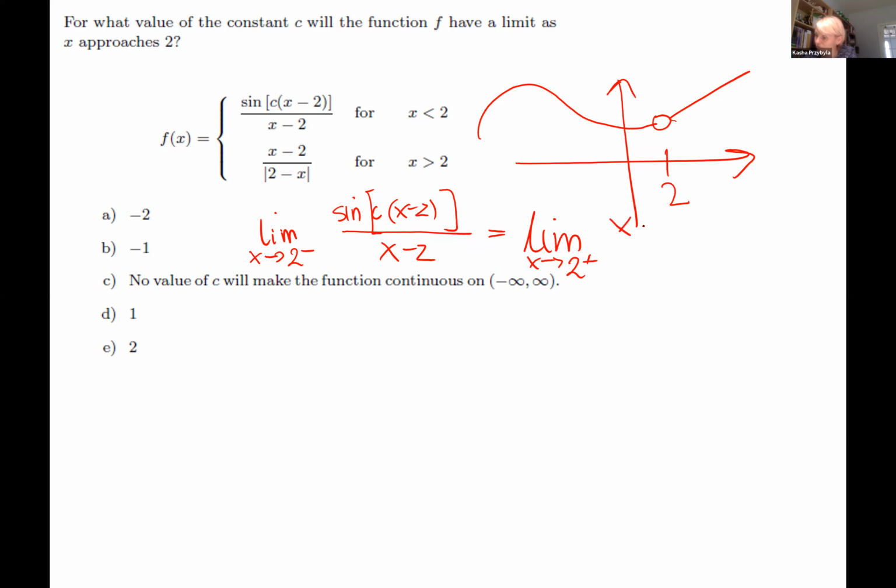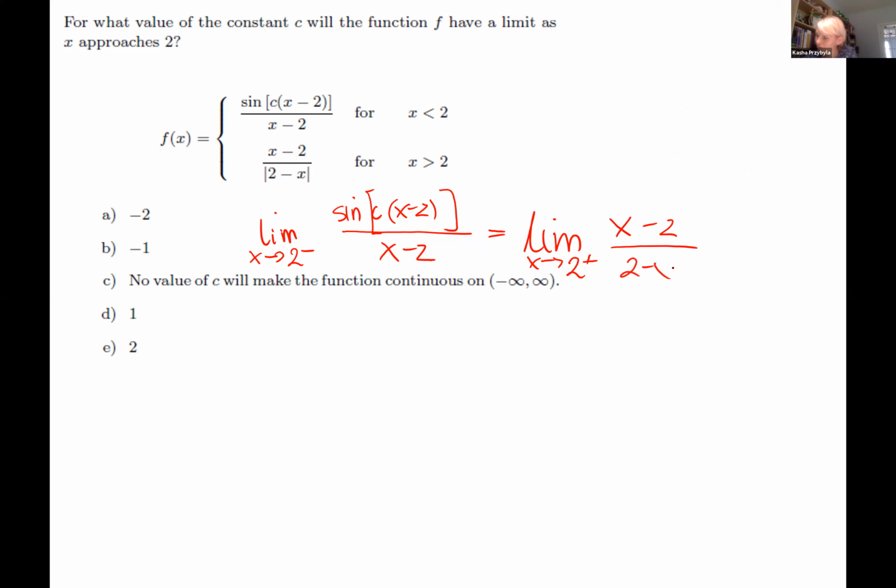Let me maybe remove the picture. Yeah, we do have, wow, 2 nice limits. Okay, we have to compute the limits on the left and on the right-hand side. It's also a good practice for the limit.